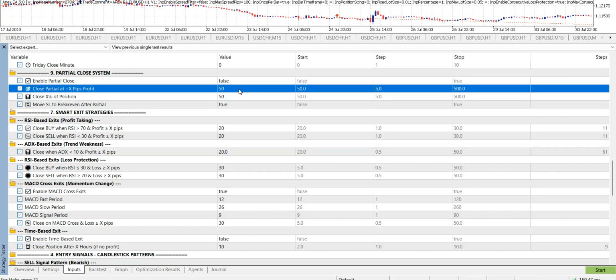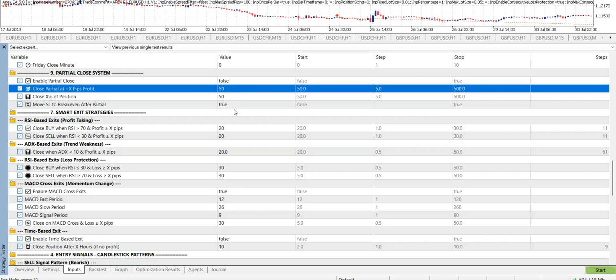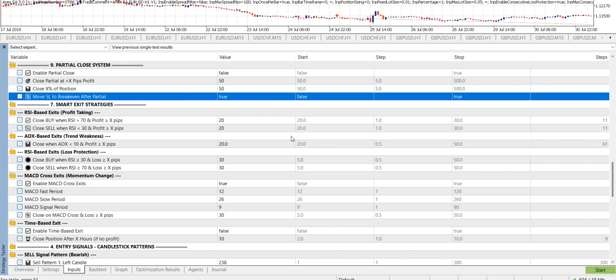For example, at 50 pips profit, we are closing 50% of the trade. So if you have one lot, it is going to close 0.5 lot at 50 pips profit. I would use this feature if I were you. It is a pretty advanced feature that not many traders are using in retail EAs.